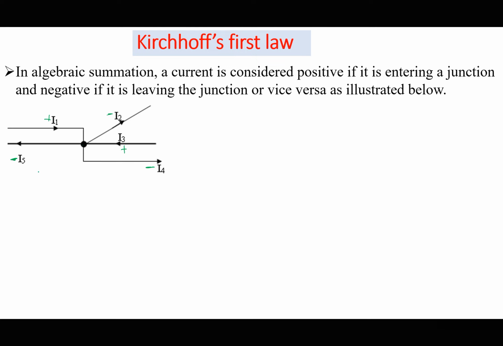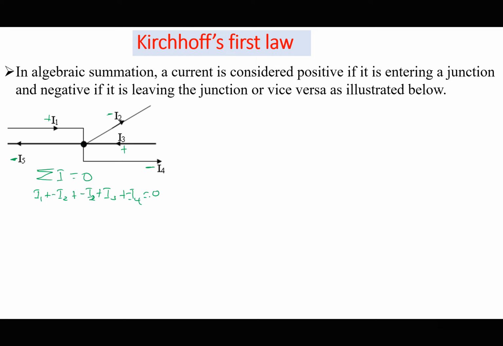So if I use the algebraic summation of all currents at the junction equals 0, I will say positive I1 plus negative I2 plus positive I3 plus negative I4 should give us 0.